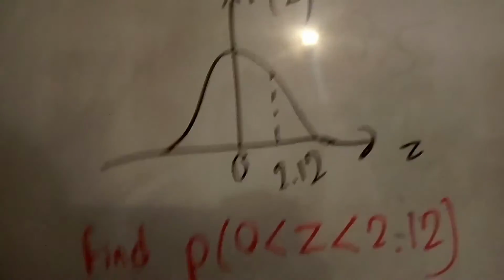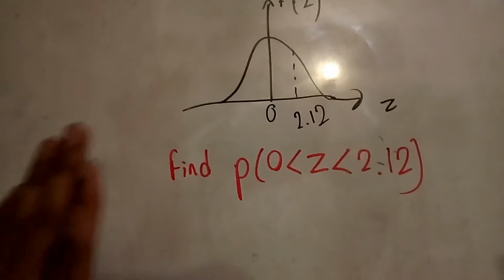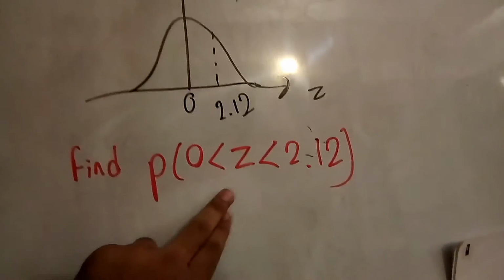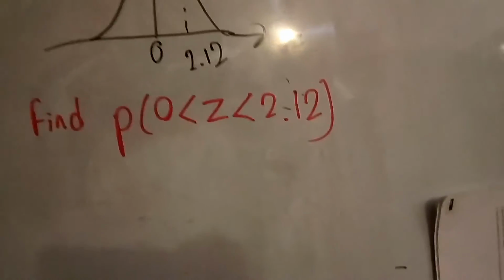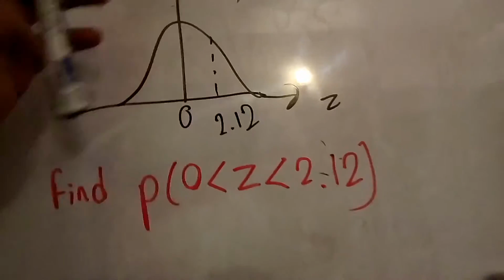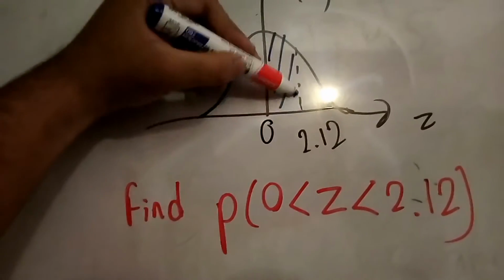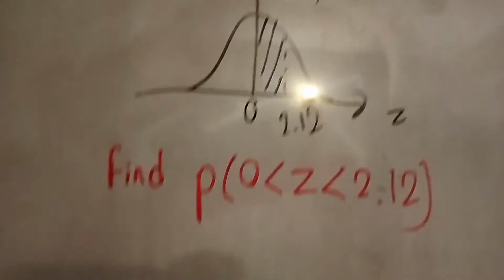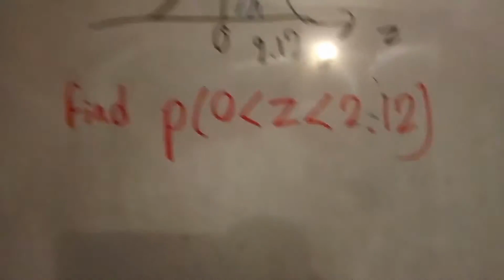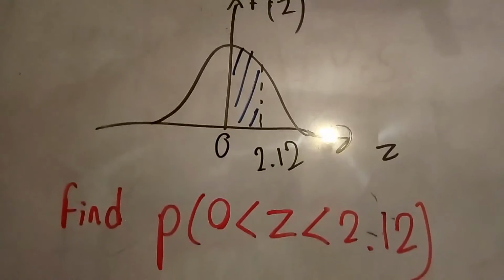So here's another type of question: find the probability of z being between 0 and 2.12. So the area we are finding is this area. While this may seem tricky, it's actually pretty simple.